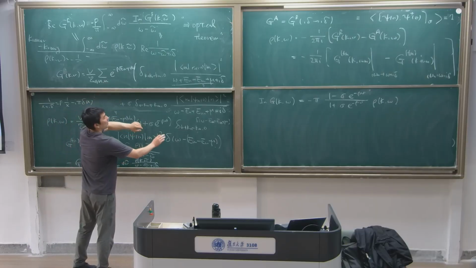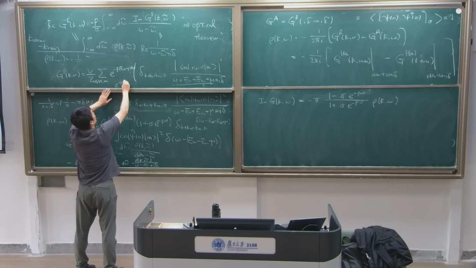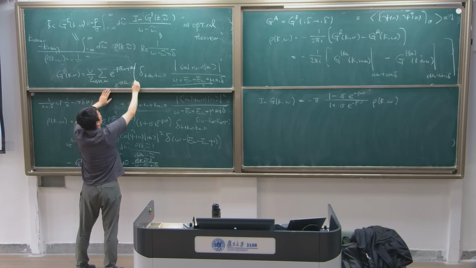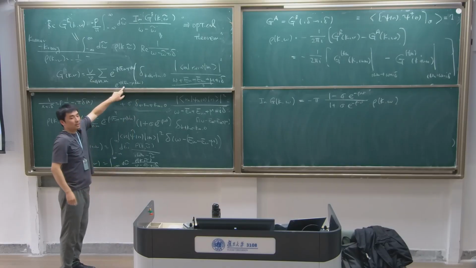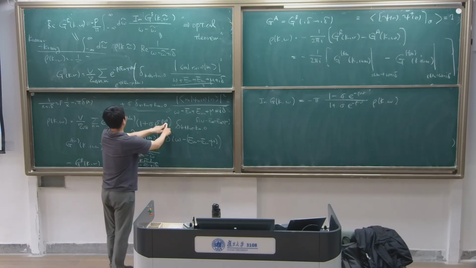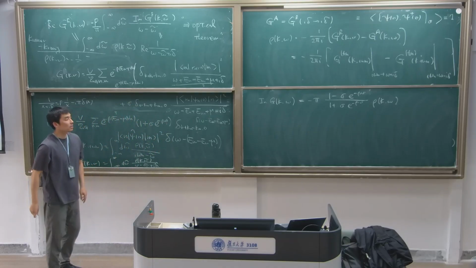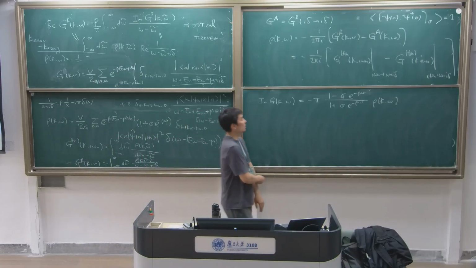Now, if you swap the role, it becomes e to the minus beta, e n minus mu. So it becomes like this way. But if you plug this one into here and massage it, at the end of the day it becomes like this. So that's most important.